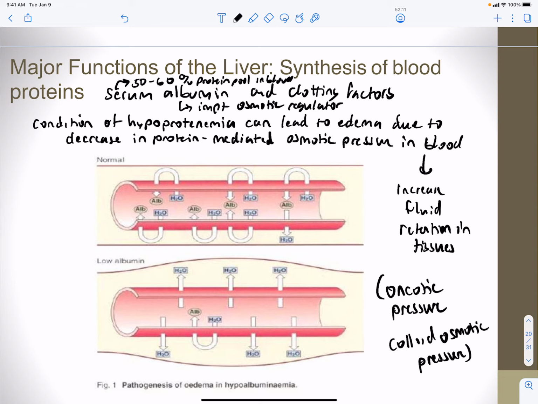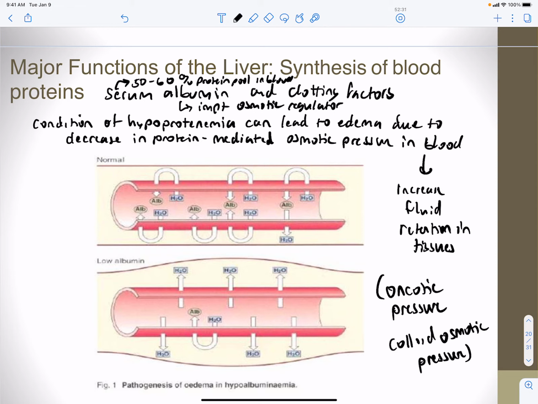So hypoproteinemia, which we're talking about here, is when your protein levels are less than 6 grams per deciliter. This can be caused through burns, for example, through skin, through nephrotic syndrome, malabsorption.